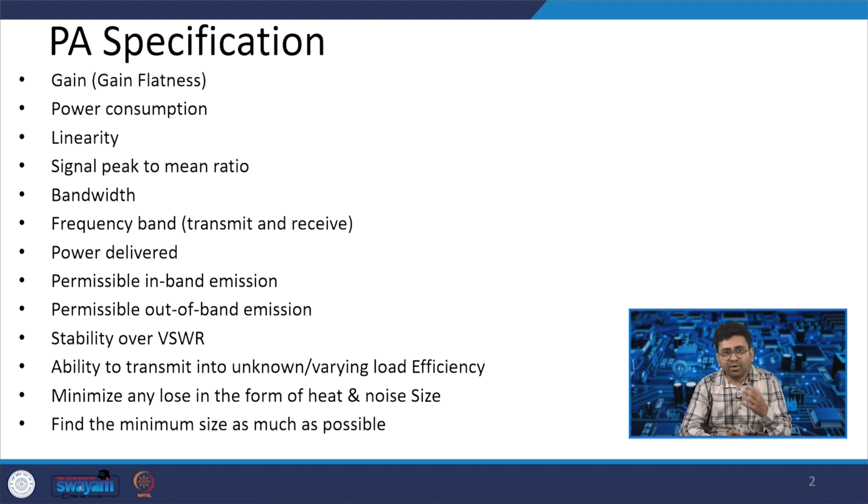We already discussed the OFDM modulation, and for that the peak to average power ratio is also important. So, power amplifier linearity is important. Its signal peak to mean ratio is also important because of the modulation scheme that we are using.